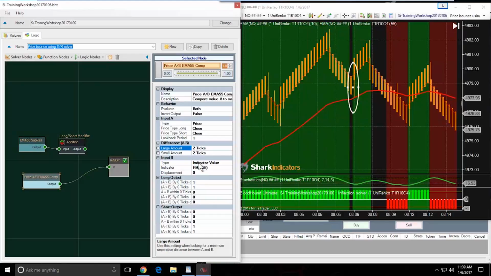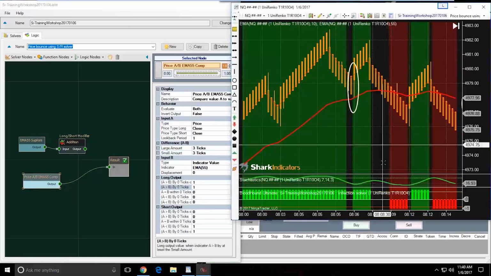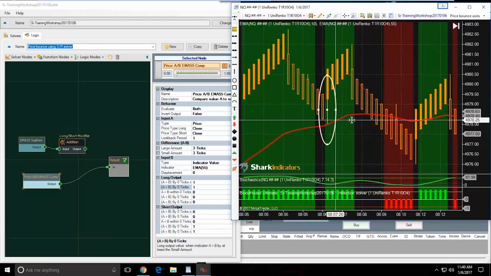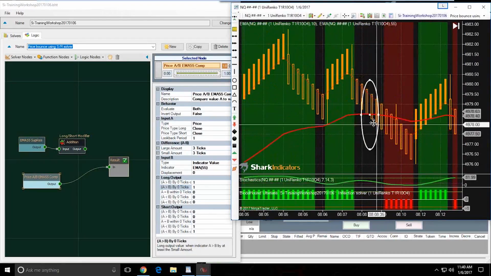If we want to make it even more restrictive, let's make sure that price has been 3 ticks away, like so. Now you'll notice when price gets within 3 ticks, there's no output.